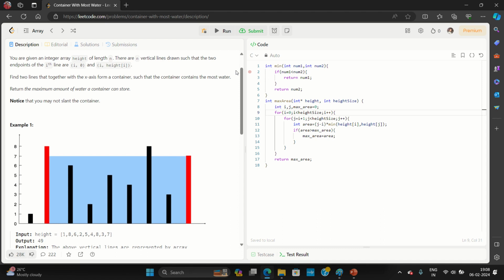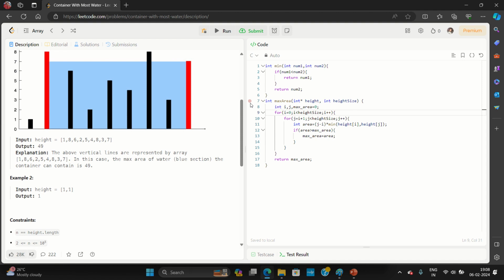Second is big O of log n. That is also not possible, because here we need to cover all these slabs. You do not know where the water fits best; it should fit between two such slabs where the area is maximum.